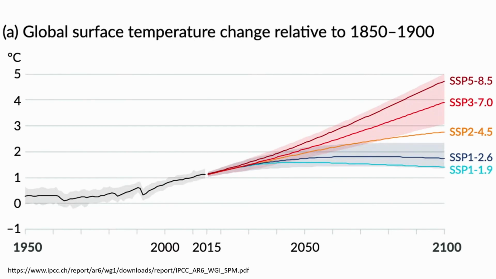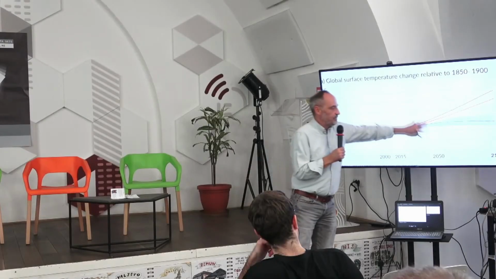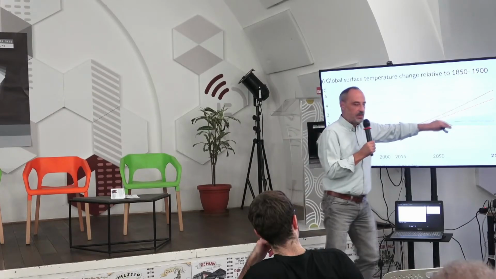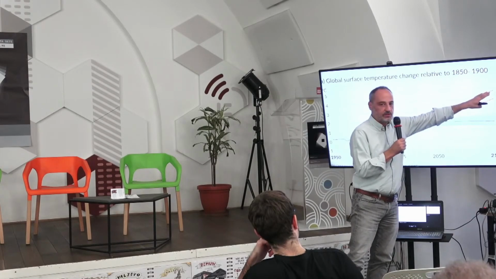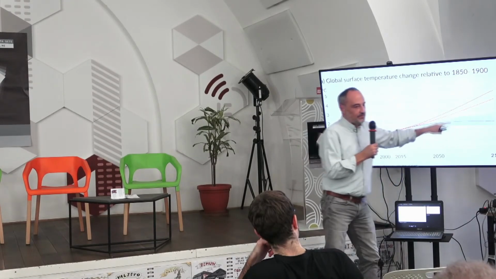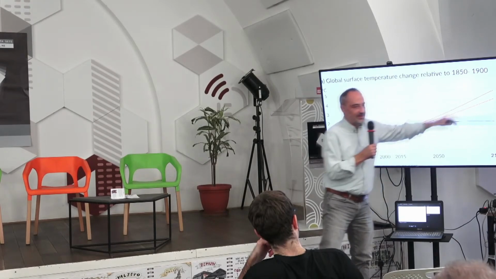So when you have a global negotiation about what all the nations around the world are going to do about climate change, they look at this figure and decide which future they are going to pick. Are we going to pick this future or this future? Officially the world picks this future, but in real life we pick something in between.